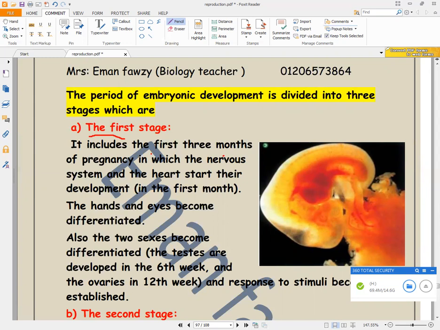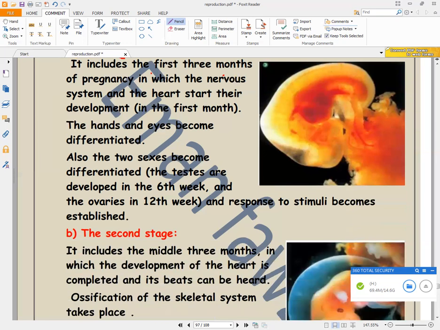In the first 3 months, the testes are developed in 6 weeks, which means 1 month and a half, and the ovaries are developed in 12 weeks, which is 3 months. So they will be differentiated at the end of the first stage, and response to stimuli will become established.